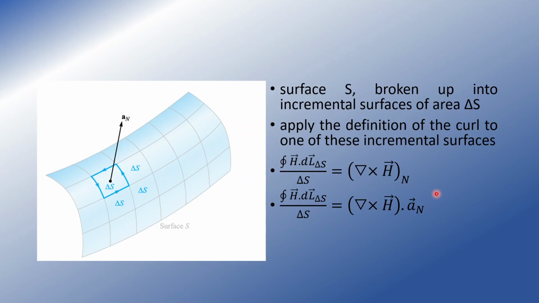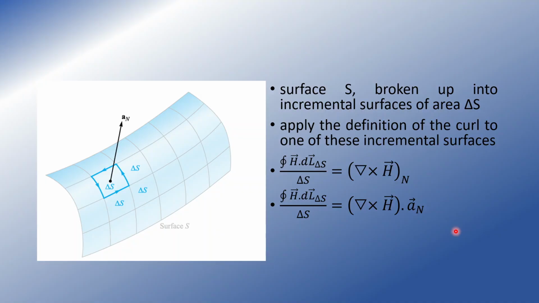Now let us shift this area to the other side and see what happens. So this delta S, we take it to the other end and we get the equation as curl of H dotted with a_n, times delta S, and this delta S times a_n can be taken as the delta S vector.